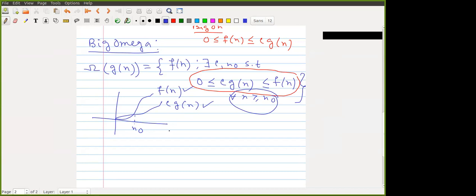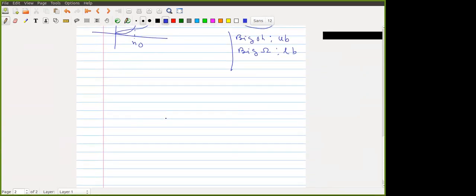So intuitively, big O gives you an upper bound, and big omega gives you a lower bound. It is bounding this value from below. Maybe we see a short example, which will make it clearer. Which example shall I give?